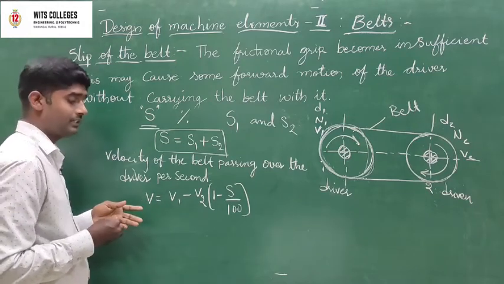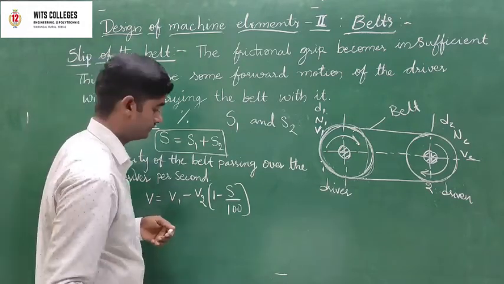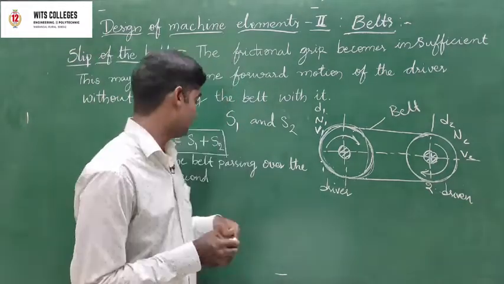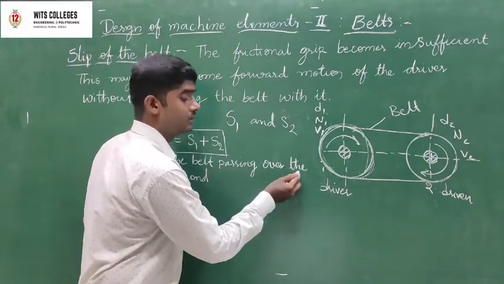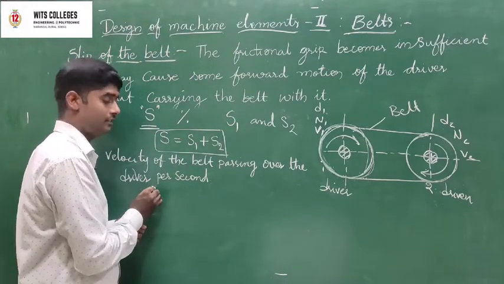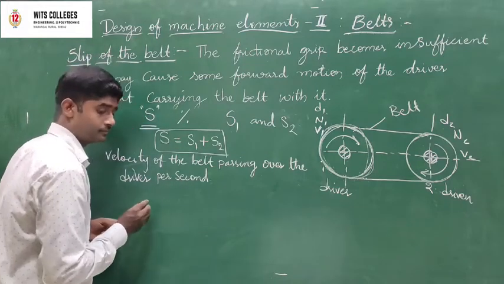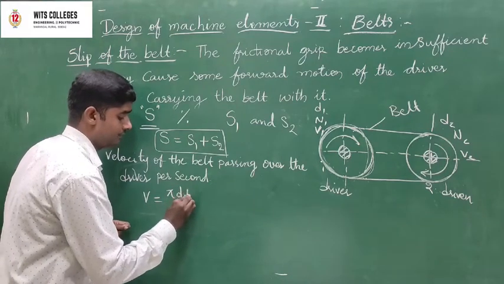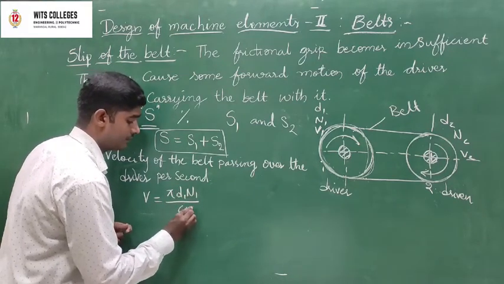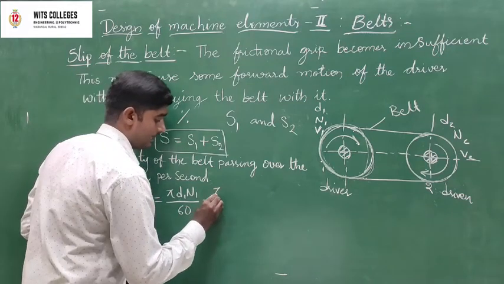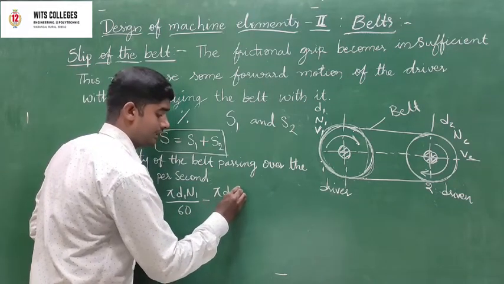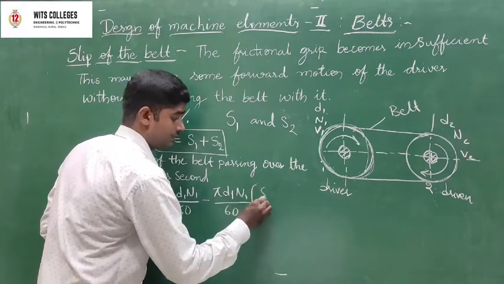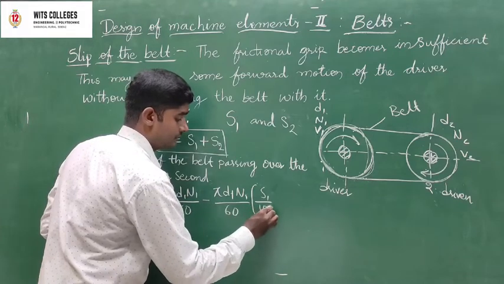Velocity of the belt passing over the driver per second: V is equal to pi D1 N1 by 60 minus pi D1 N1 by 60 into S1 by 100.